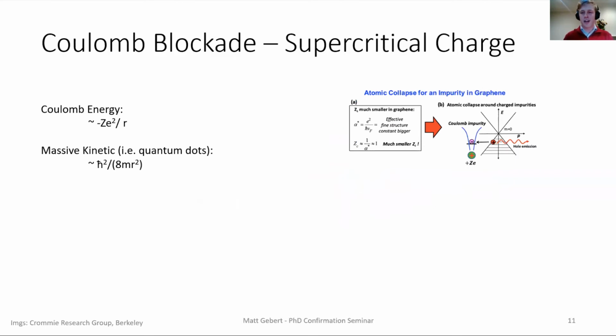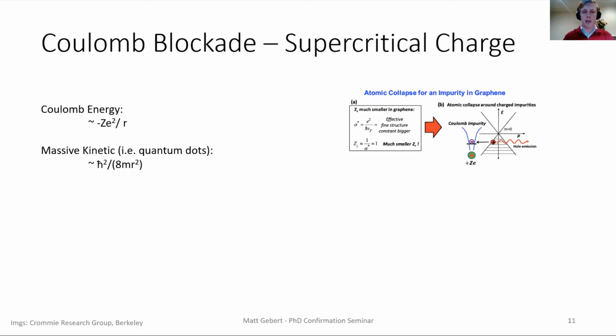In a regular system, you only have this Coulomb potential energy between different charges, and that goes off as 1 over R, the separation.